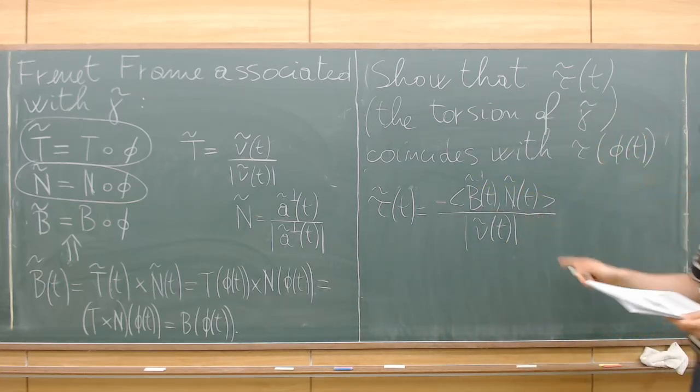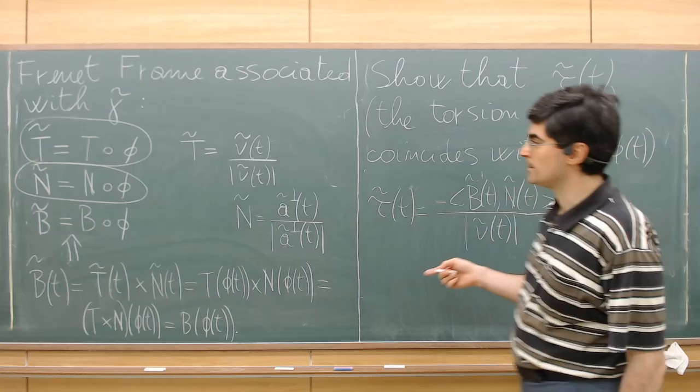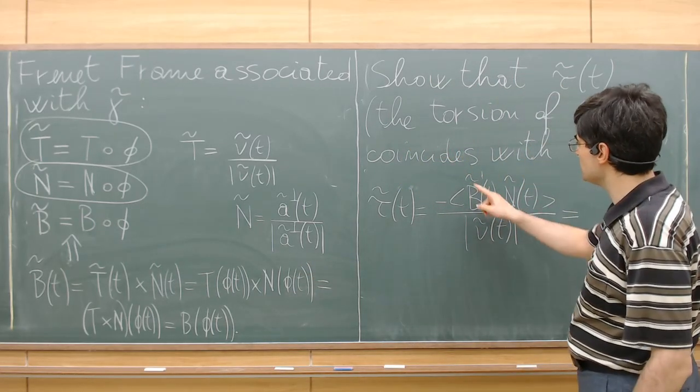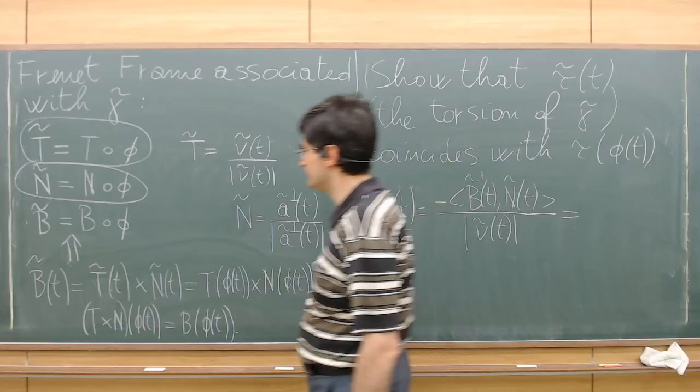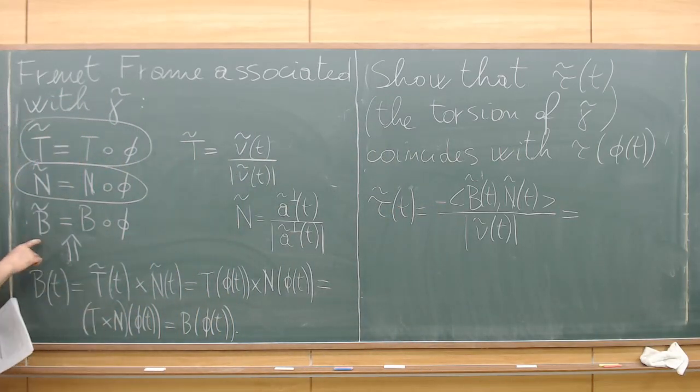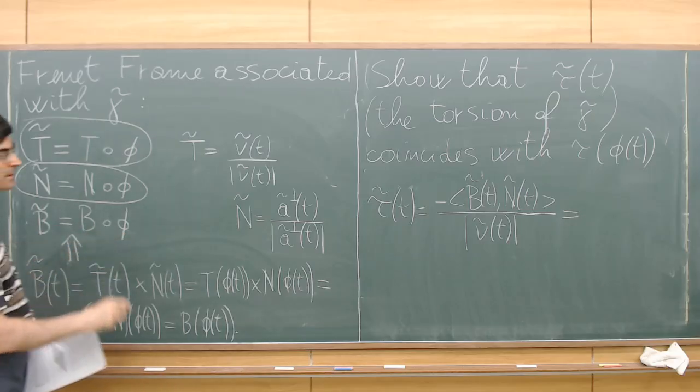And now I use the formula I have on the blackboard. What is B tilde prime of t? It is the derivative with respect to time of B composed with phi.